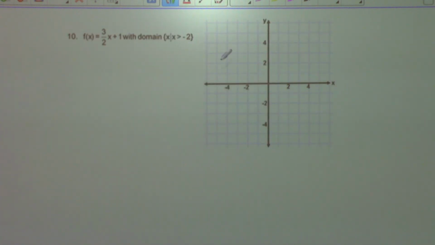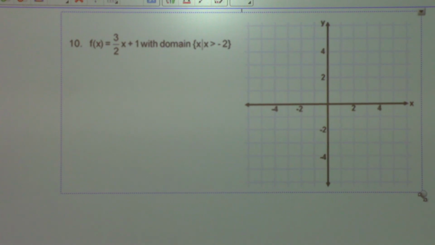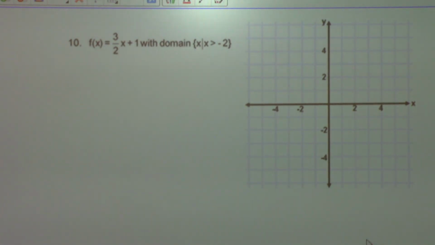Okay, let's go look at our last problem in this set here. So take a minute working this out, and we'll draw it up here. We have a set notation.